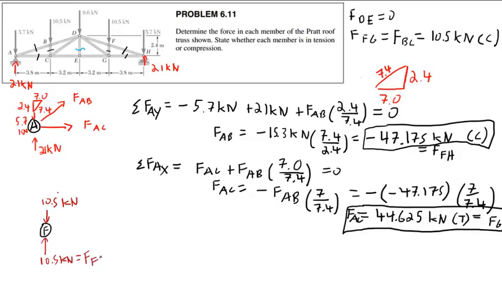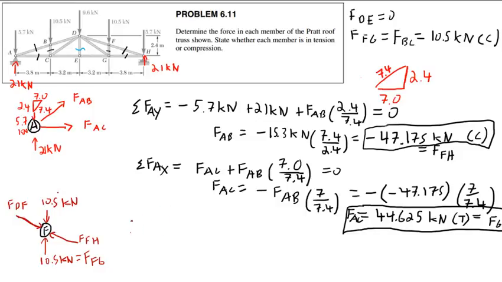And then here, this one is compression, FFH, and then this one must also be compression, FDF. So this one must be equal to this one. These are collinear member sets, except this 10.5 kilonewton force is taking the place of one of the members here.